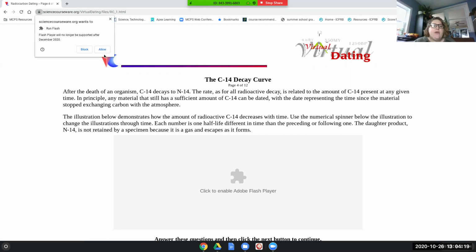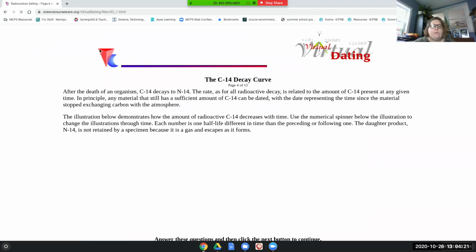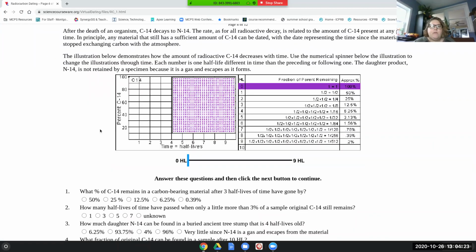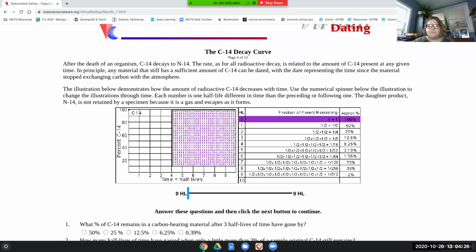And if it doesn't show up, just click allow. So this is an interactive graph. This purple stuff is your radioactive carbon-14. As it decays, so we have 100% radioactive carbon-14, 100%. This HL stands for half-life.